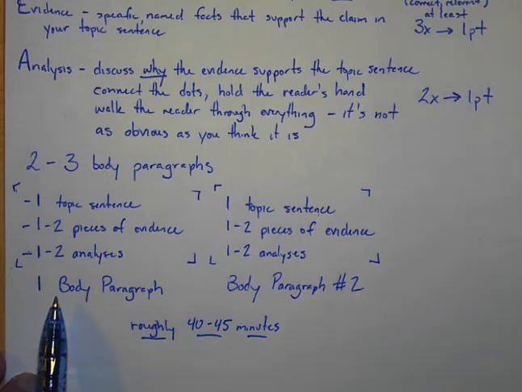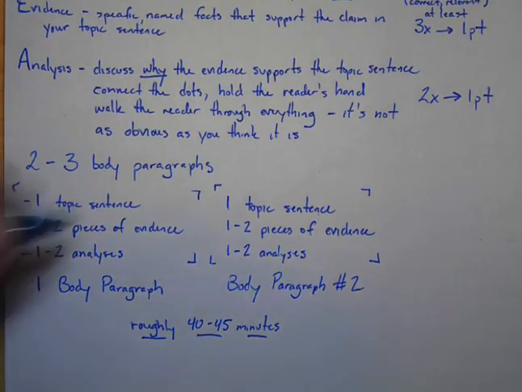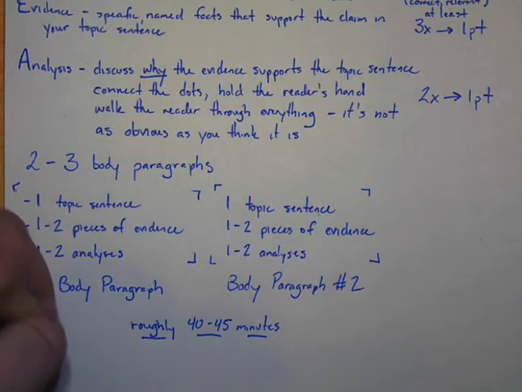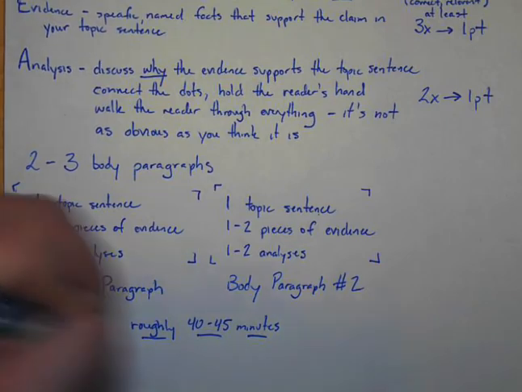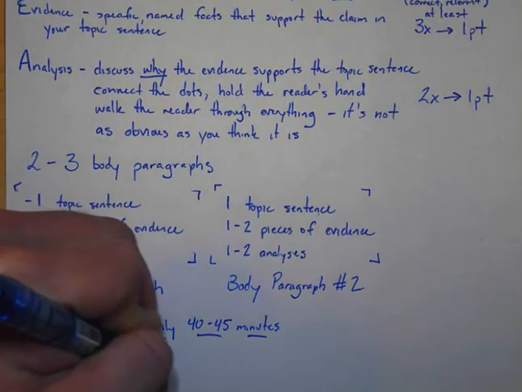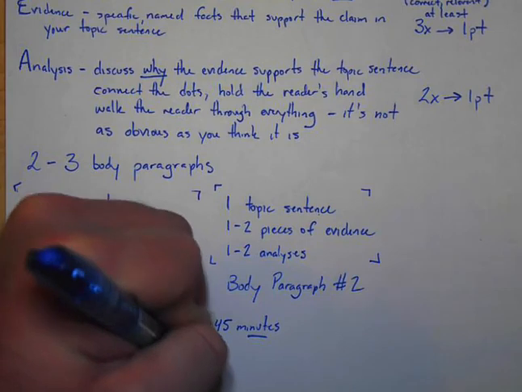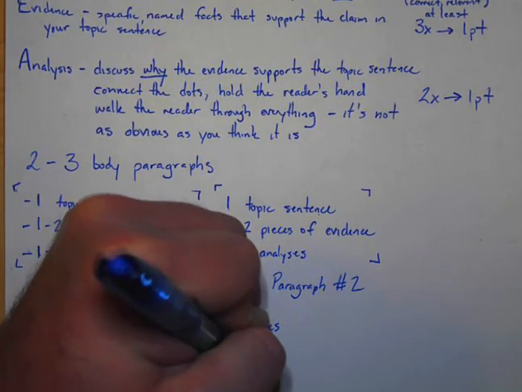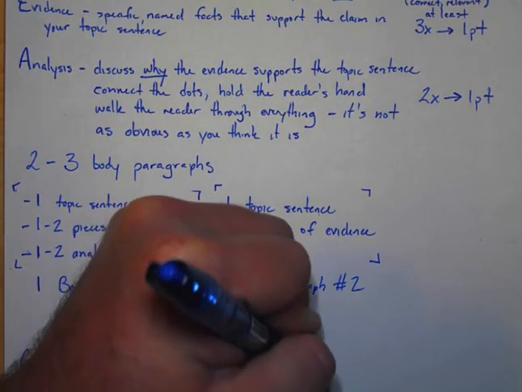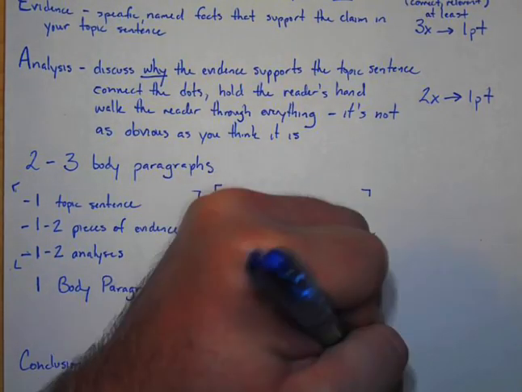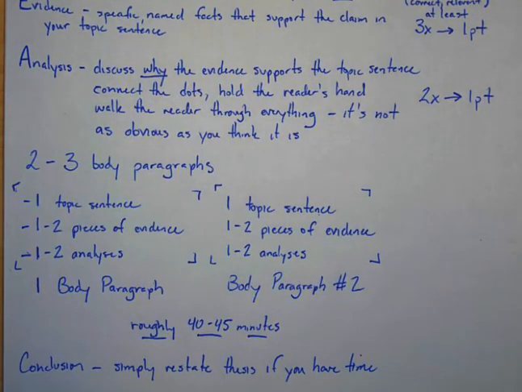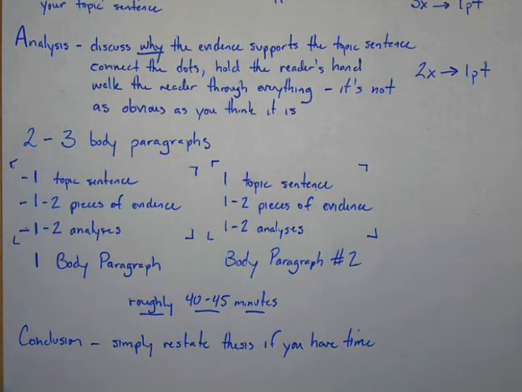A third one is never going to be a bad thing if you feel like you can do it. And then at the end, in your conclusion, you'll simply restate the thesis if you have time. And that's it. That's all this is.